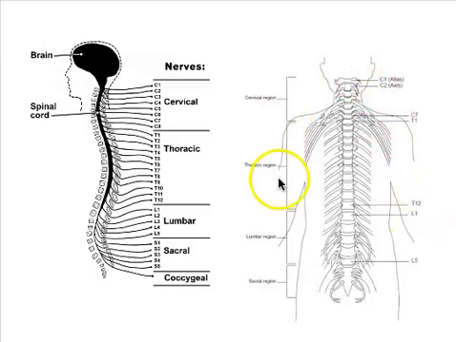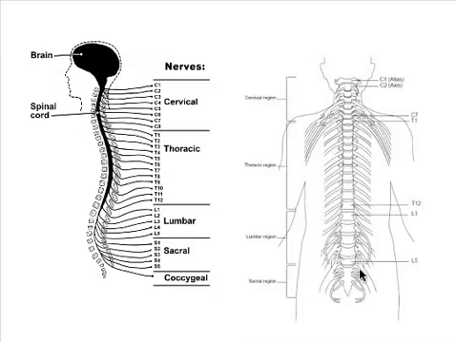Over here on this side, you're also looking at a sketch of a human. You can see the vertebral column. You can't see the spinal cord in this drawing, but you can see these nerves emerging. Pairs of them, one on each side, all the way down.